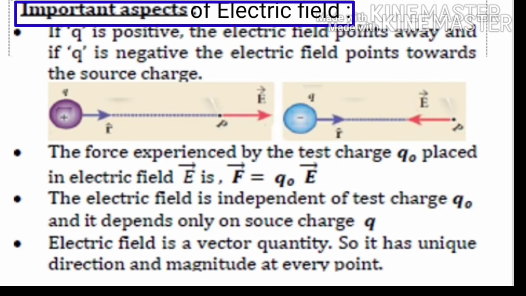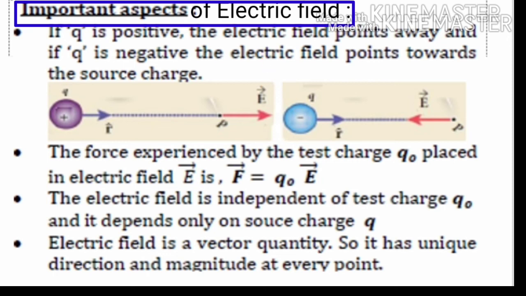Next one is important aspects of electric field. First point, let us consider the source charge is positive. In that case, the electric field around the source charge is outward.